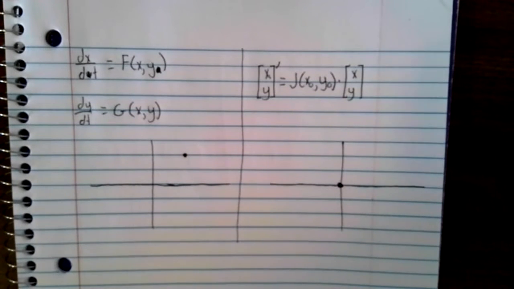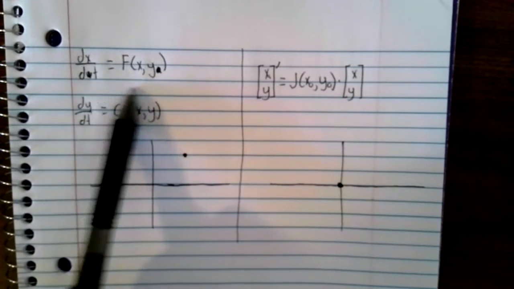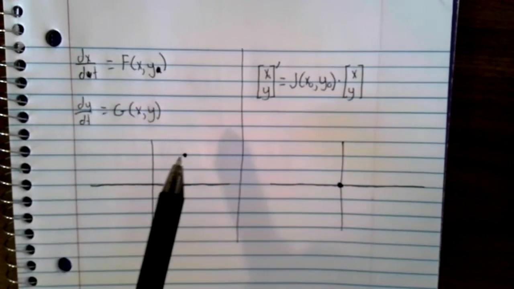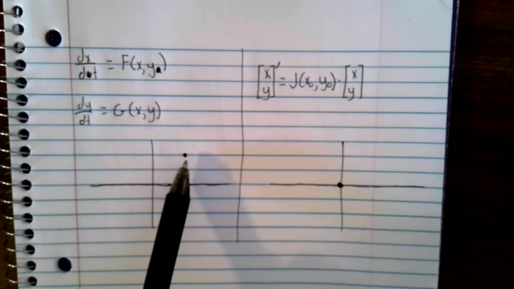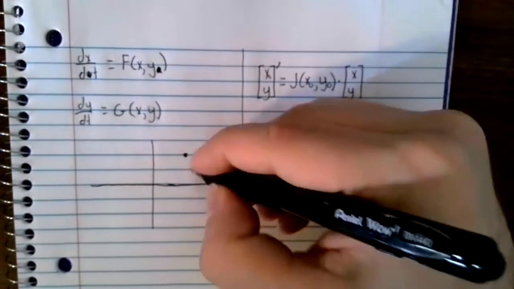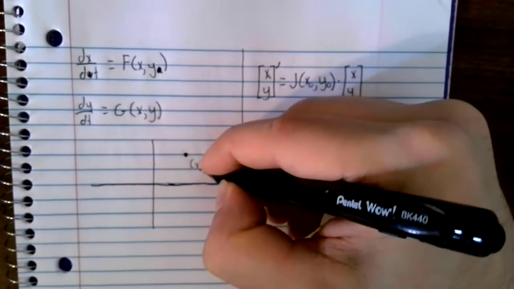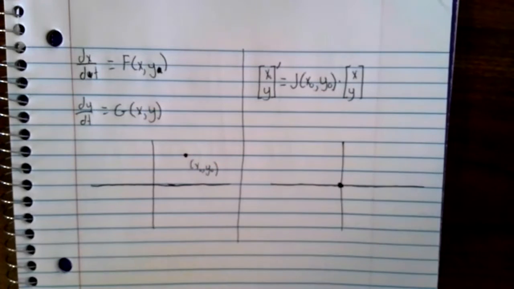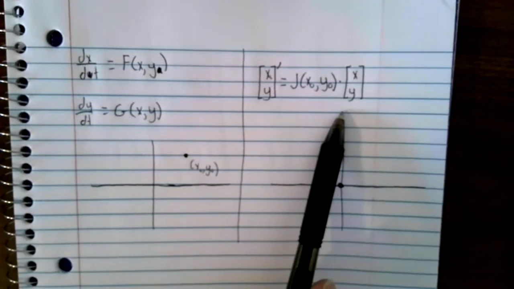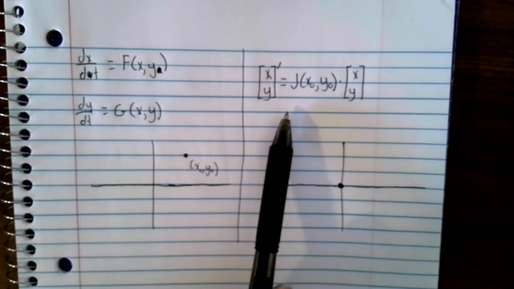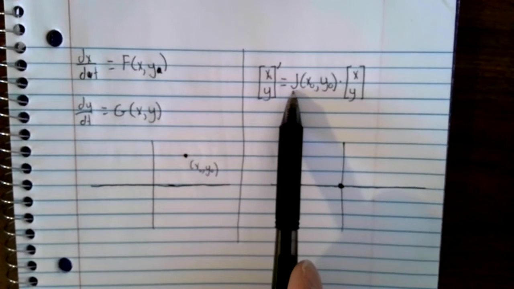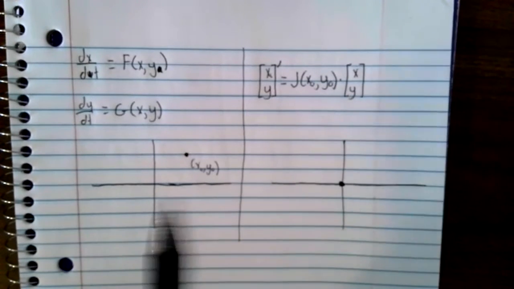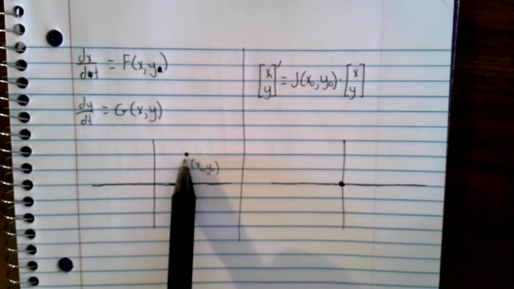Now, we're looking at 2 systems side by side. The original system with the fixed point we're interested in, and a linear system we defined using the Jacobian at this fixed point.